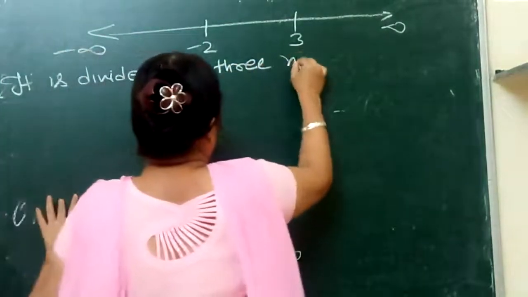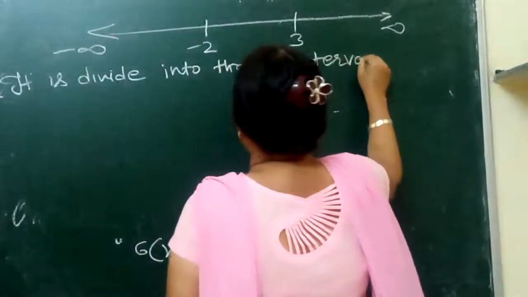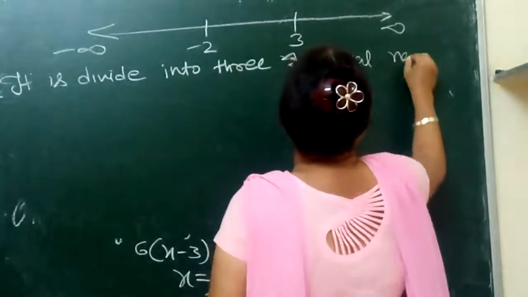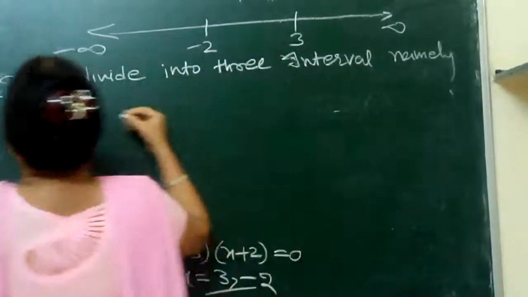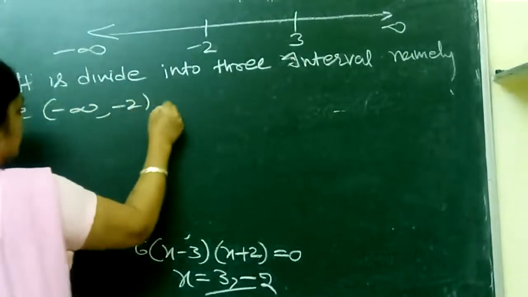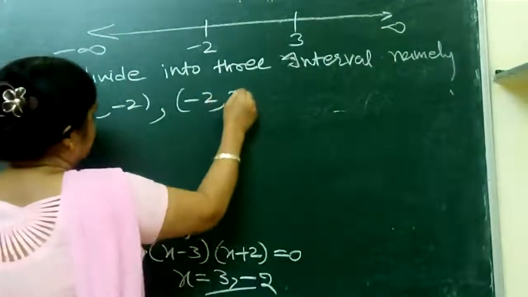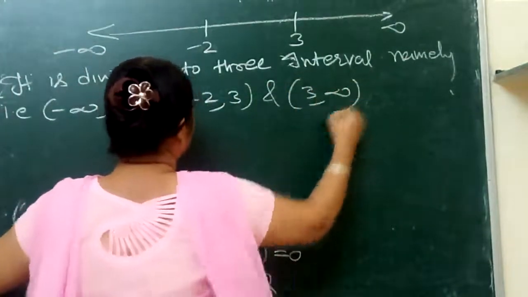Namely, first is minus infinity to minus 2, second is minus 2 to 3, and third one is 3 to infinity.